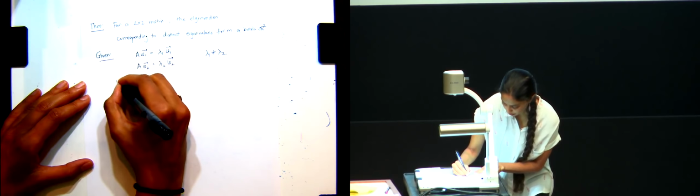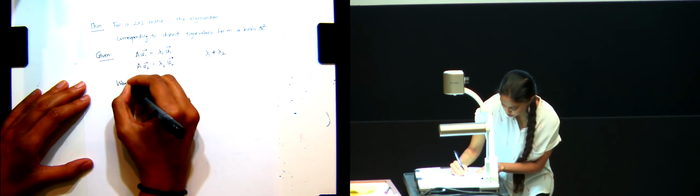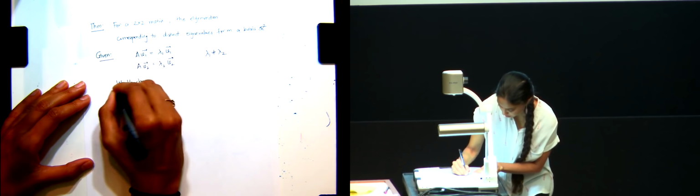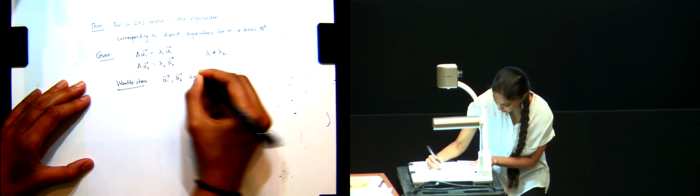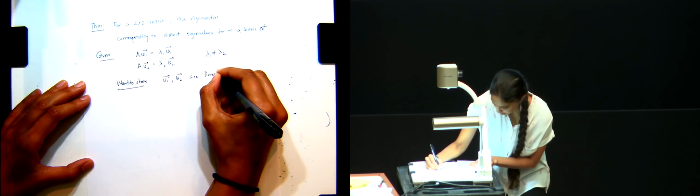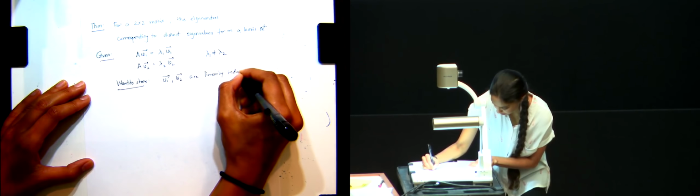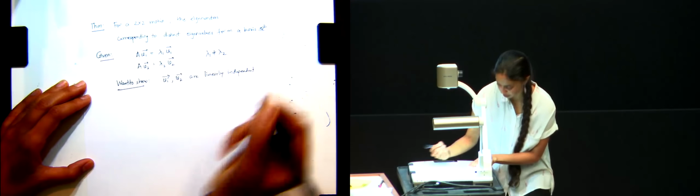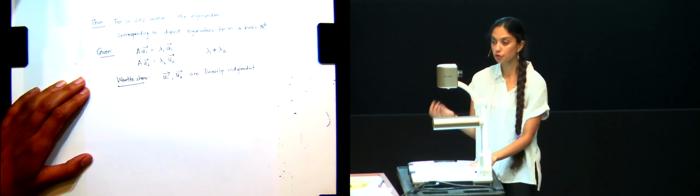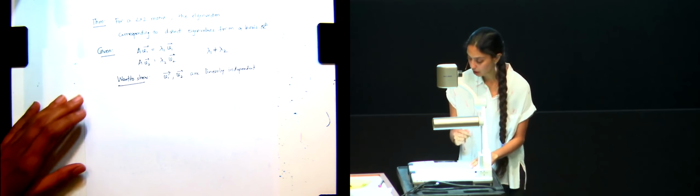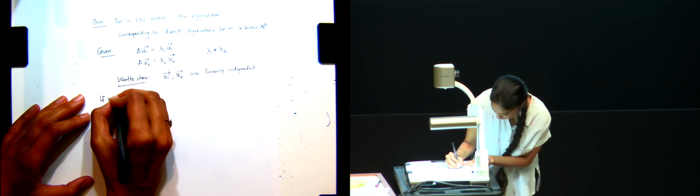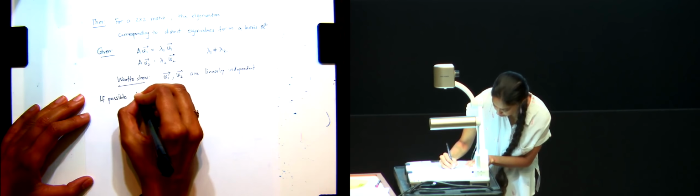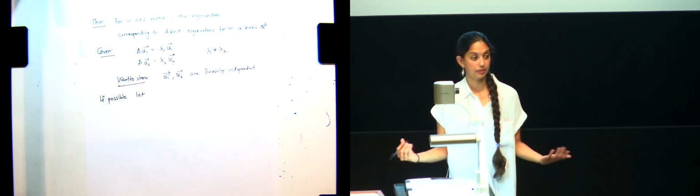So, we want to show V1, V2 are linearly independent. We're going to prove this by assuming the opposite, right? I'm going to say, if possible, let V1, V2 be linearly dependent.